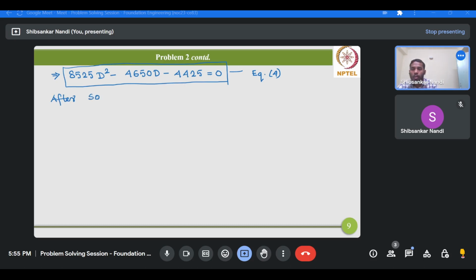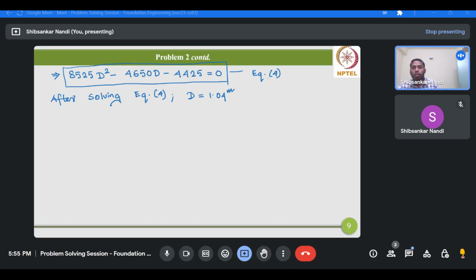After solving equation 4, the D value would become 1.04 meter.